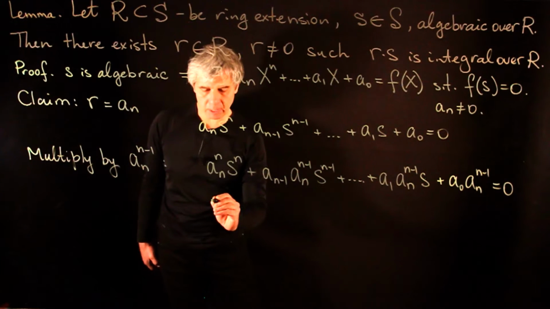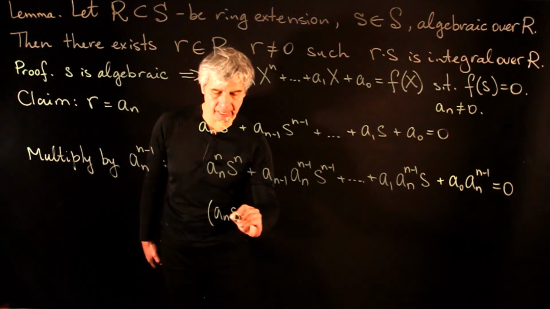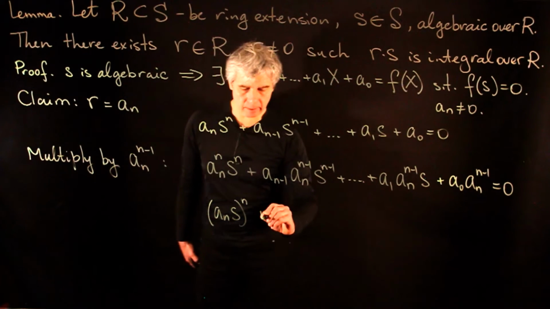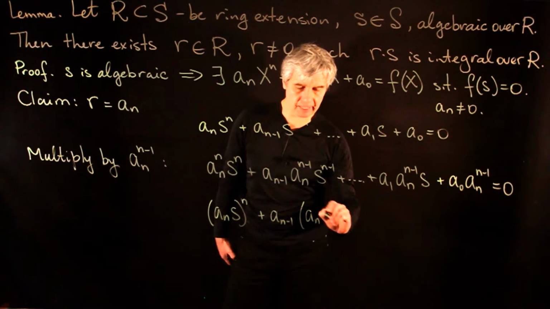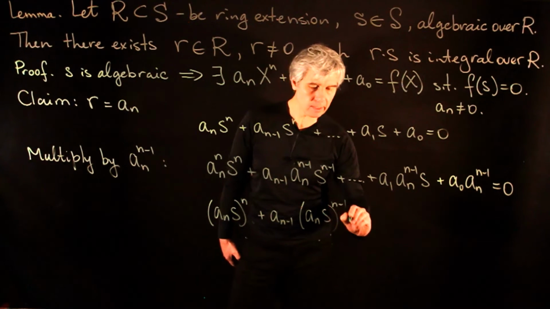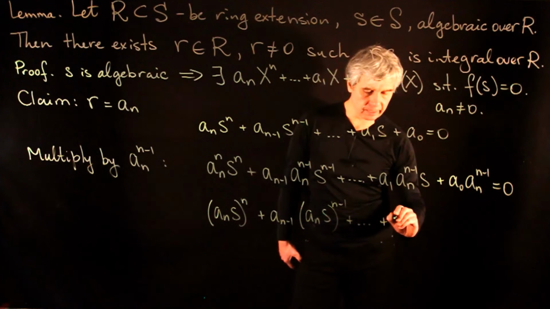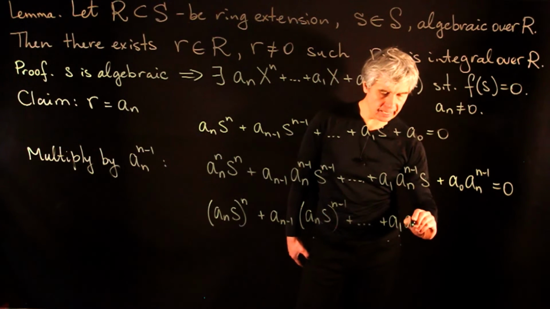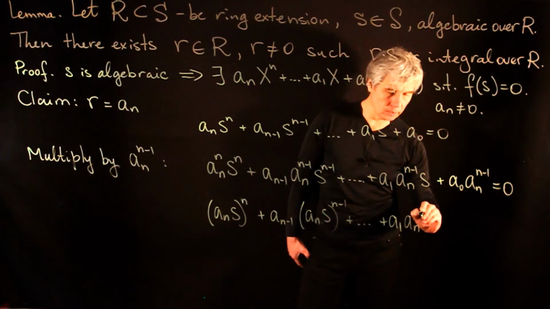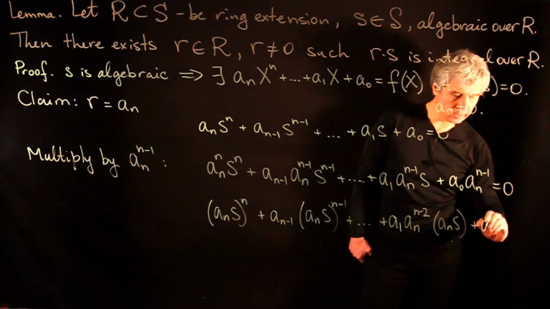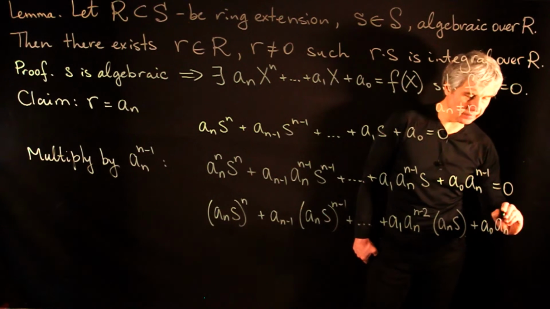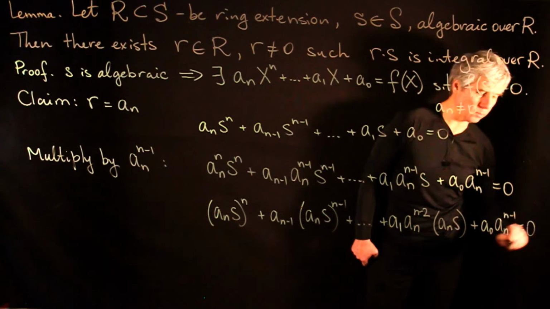And this can be written as (a_n s) to the power n plus a_{n-1} times (a_n s) to the n minus 1 plus ... plus a_1 times a_n to the n minus 2 times (a_n s) plus a_0 times a_n to the n minus 1 is equal to 0.